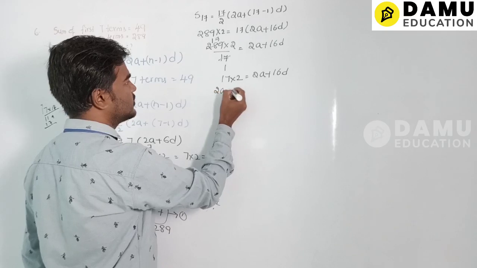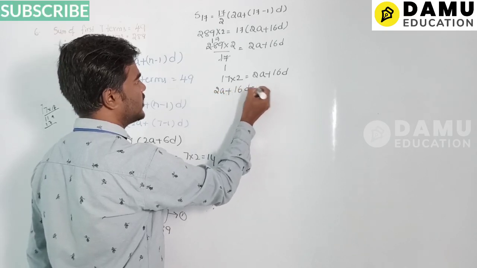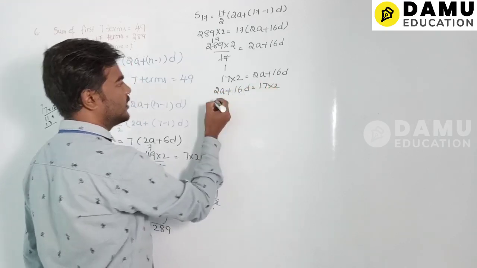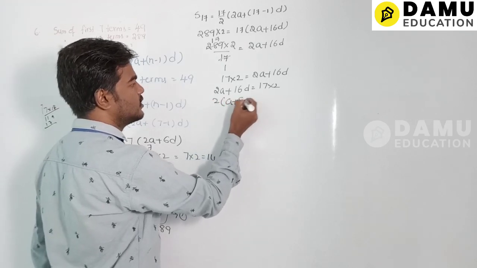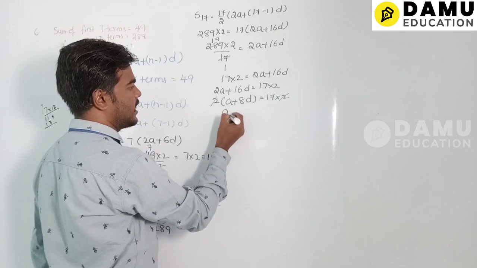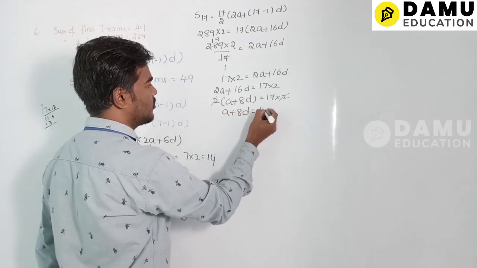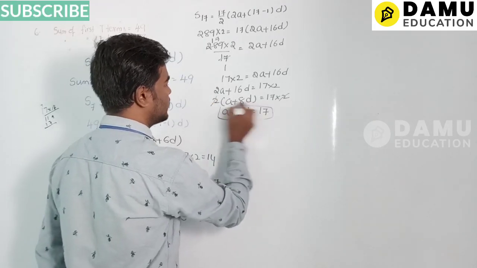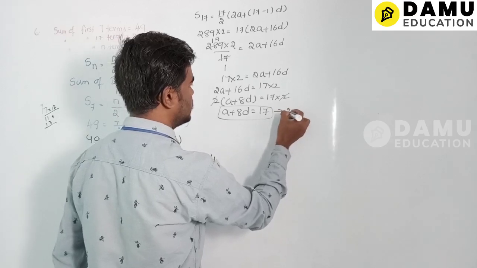So 2a plus 16d will be equal to 17 into 2. Let's take 2 common: 2 into (a plus 8d) equals 17 into 2. So 2 will cancel, and a plus 8d will be equal to 17. Let's take this as equation 2.